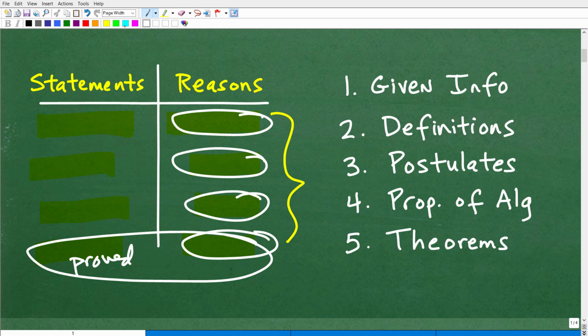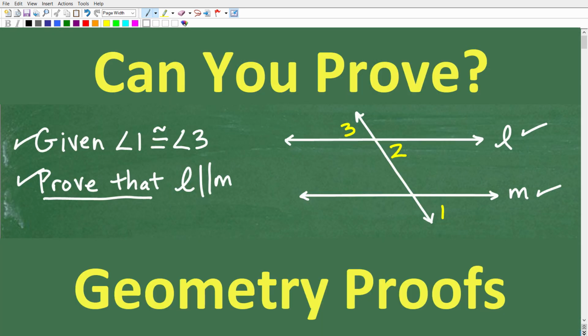The only reasons you can give in a geometric proof, and this is kind of classic geometry, are the following. One is given information, okay? Now, what am I talking about with given information? Well, let's go back up here. In this proof, I told you, given that angle 1 is congruent to angle 3. I gave you that information so you can justify that.